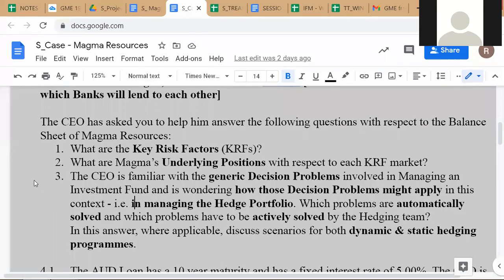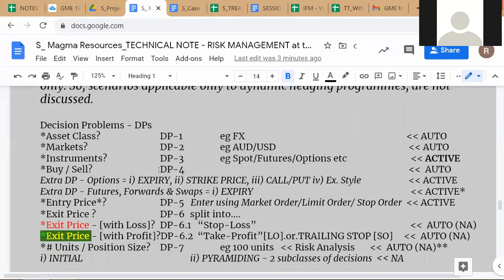So in the case of gold, if you're long, then the question of whether I should have a buying bias or a selling bias is automatically solved, since my underlying position in gold is long, therefore my hedge position has to be short. So the hedge transaction that I have to do will have to be a sale. It can't be a buy.